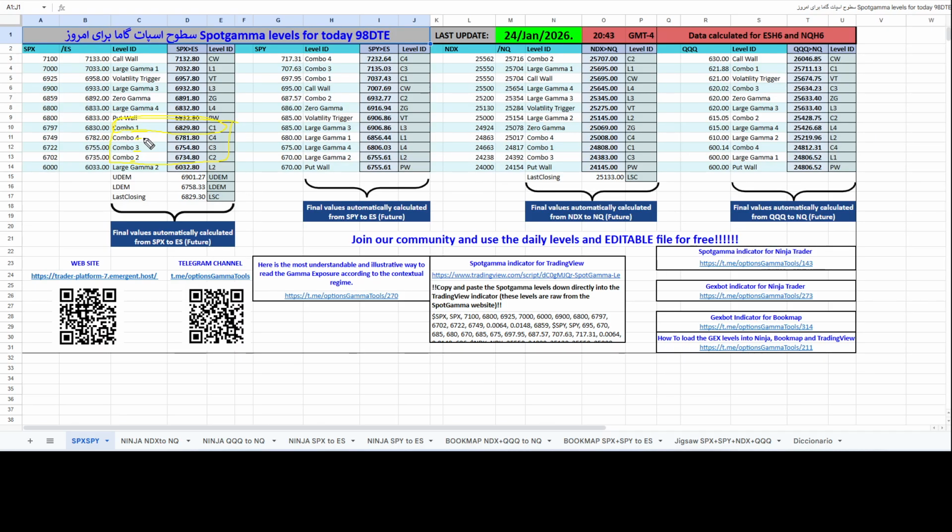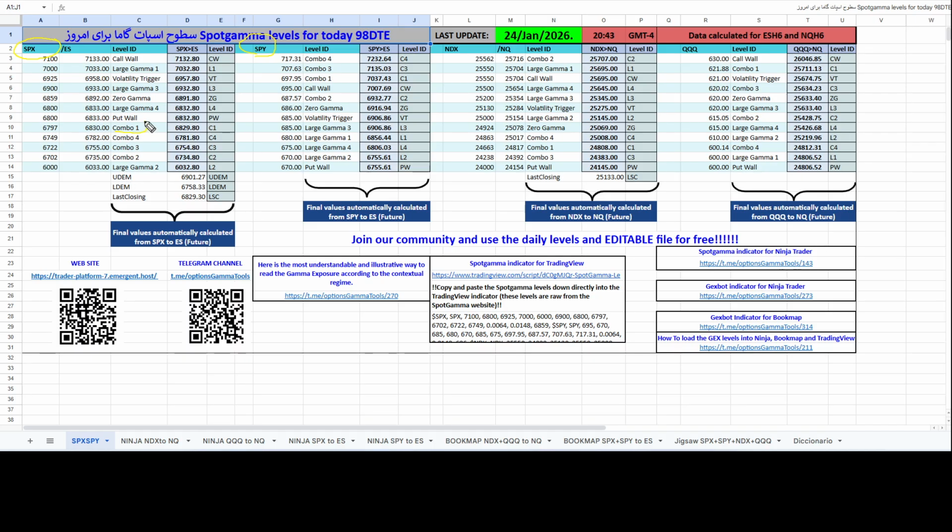And this is the merge between some GEX exposure from SPX and SPY at the same price level. What do I mean?